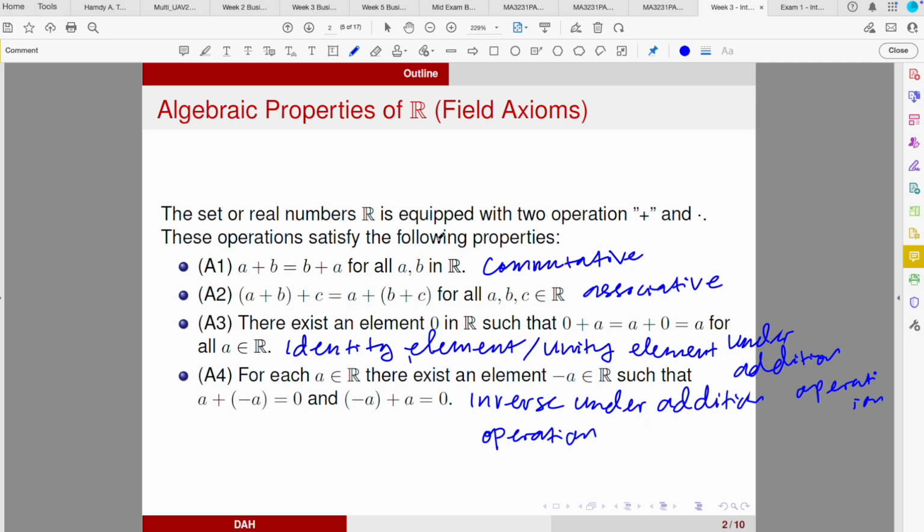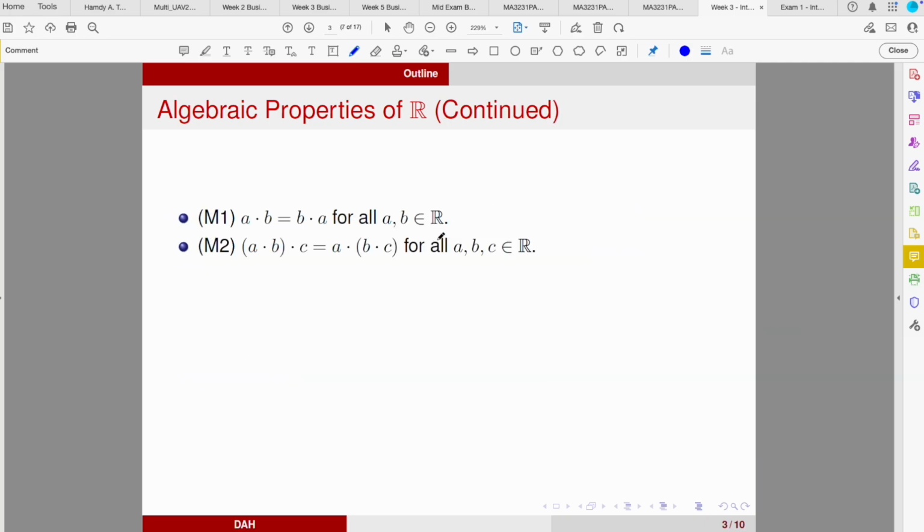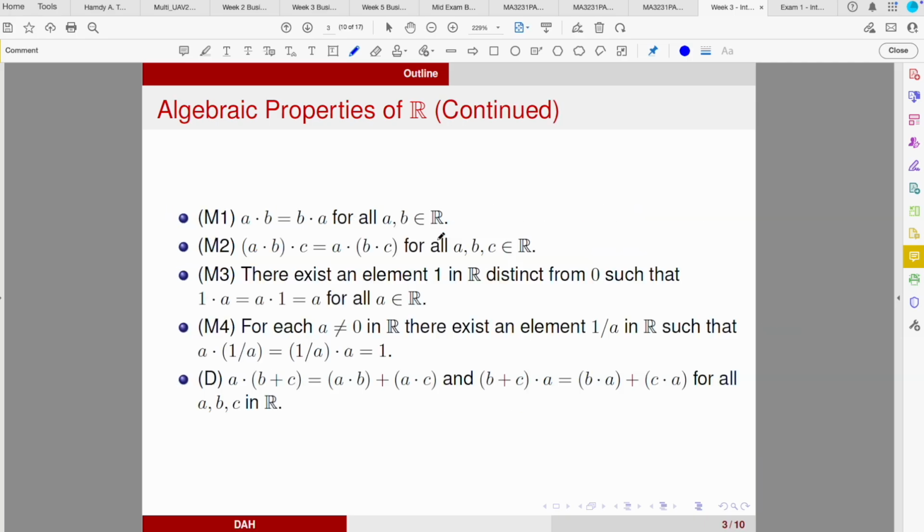Okay, next. Continue to the multiplication operation and distribution. For multiplication, a times b equals b times a. The same commutative property under multiplication.